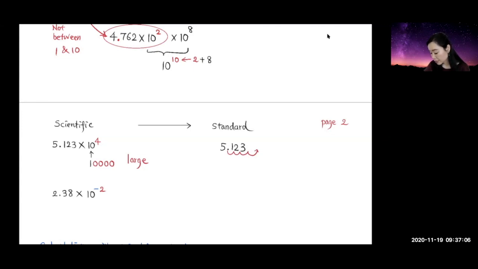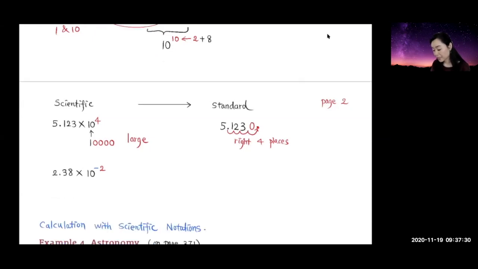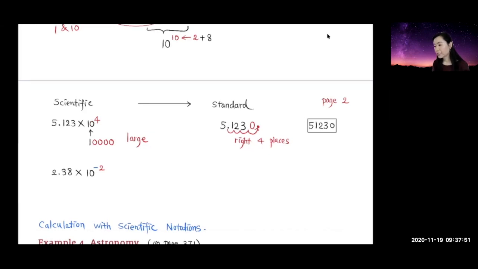Now the new decimal point will be over here, and then you fill in the 0 over here. It's kind of like the Easter basket, you put the eggs inside here. So the new number that you got will be 51230. So that is the result.